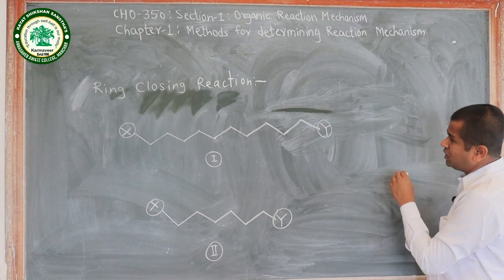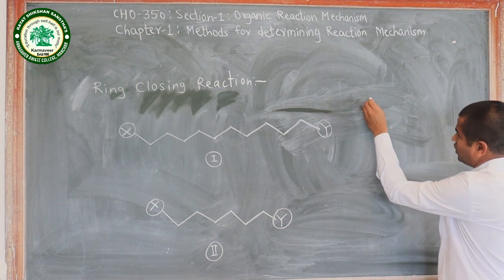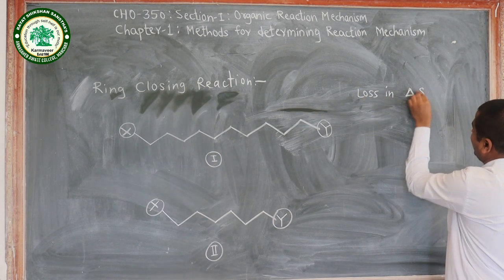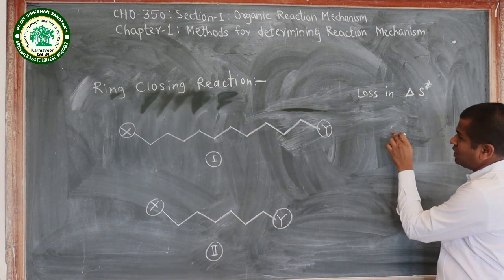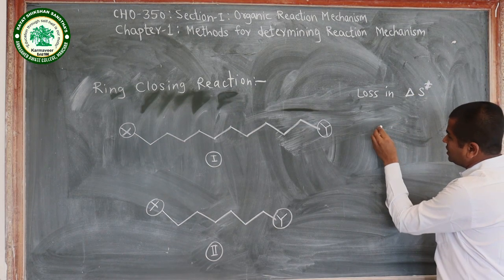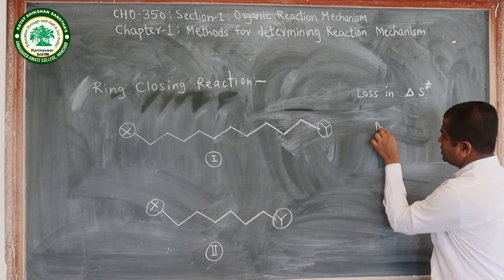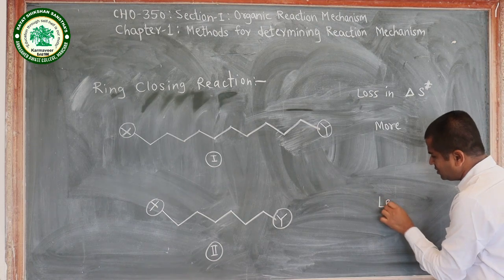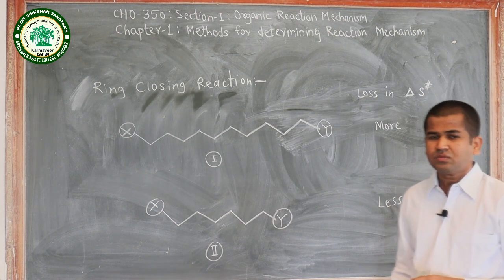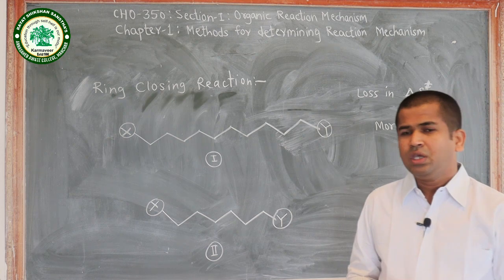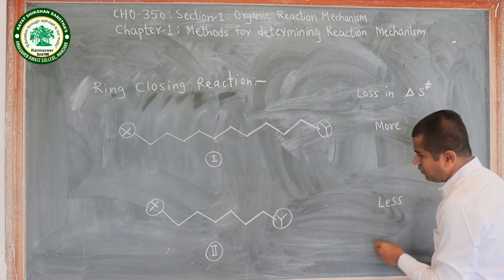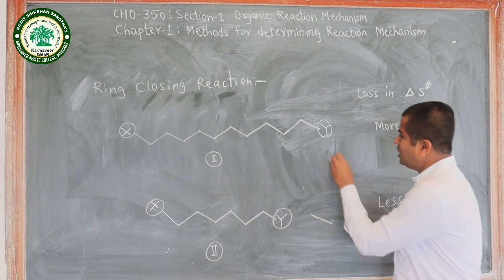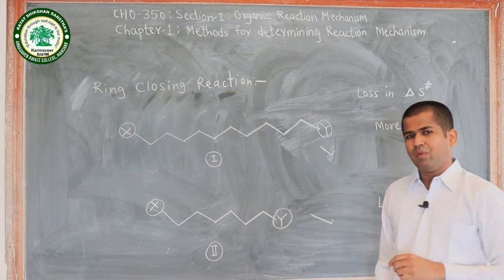So the loss in entropy of activation, that is delta S hash, is more in the case of compound 1 and less in compound 2. Getting this? So the rate of reaction of compound 2 is faster compared to the rate of reaction of compound 1.